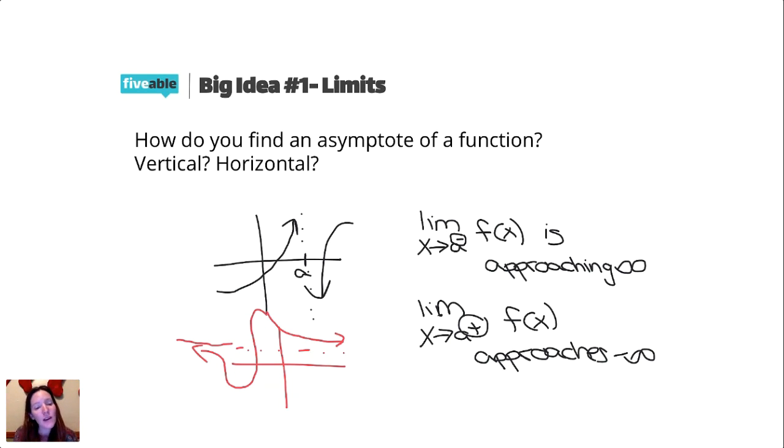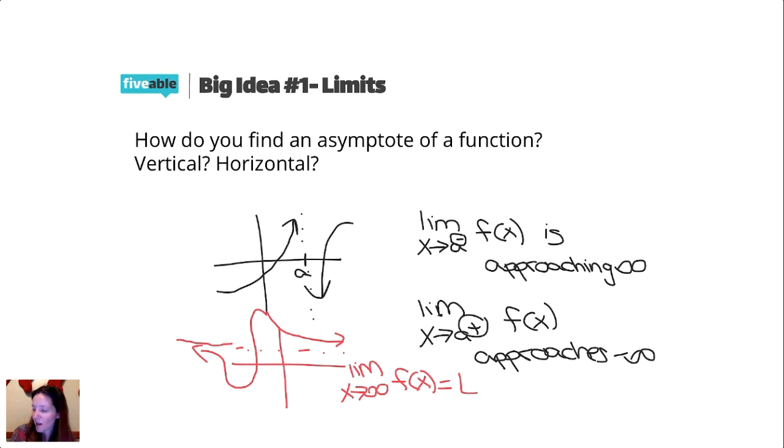And that gives you a hint for your limits as well, because the horizontal asymptote happens when you have end behavior. So what happens is you're approaching the infinities, right? So in this case, we would get the limit as x approaches infinity of f of x. And if that gives me a finite value, then I have a horizontal asymptote.